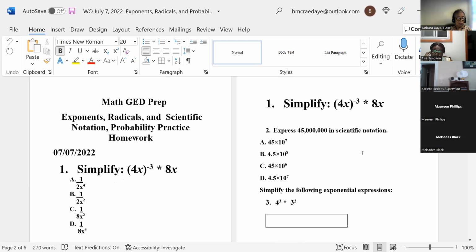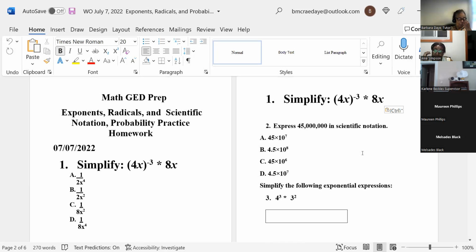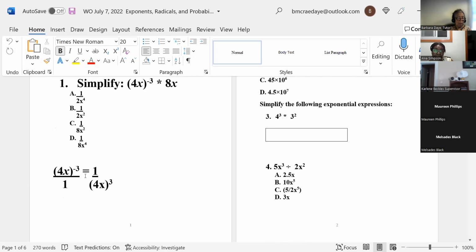Because I'm on the other side. Sometimes with your phone, you have a problem, right? I'm not seeing what you wrote. I just put the simplify again there, on the right, because I want to put this on the other side.